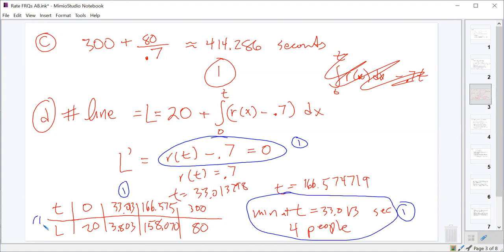And 1 point for having a justification to show that it was the smallest value at 33.01. So one point was associated with just getting that 33 value. And then the rest of it was showing that the rest of those clearly couldn't be a minimum. Okay, thanks.